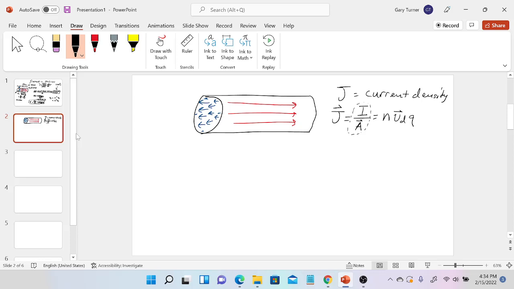Now, current will flow more easily in materials with what we call a high conductivity. So there's a value called sigma that is equal to the conductivity of a material, and materials with high conductivities allow current to flow more easily.